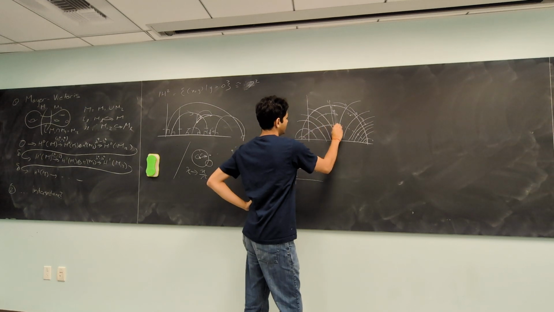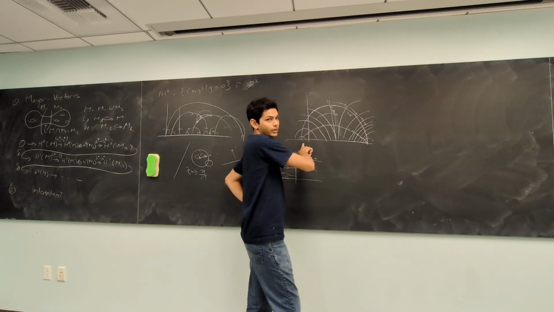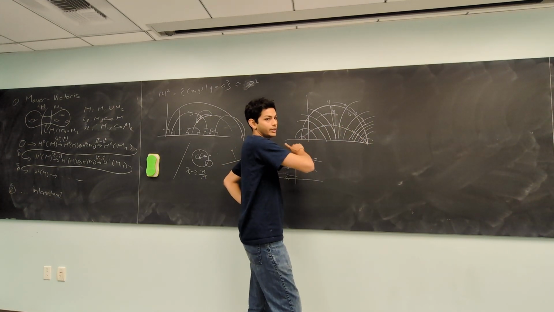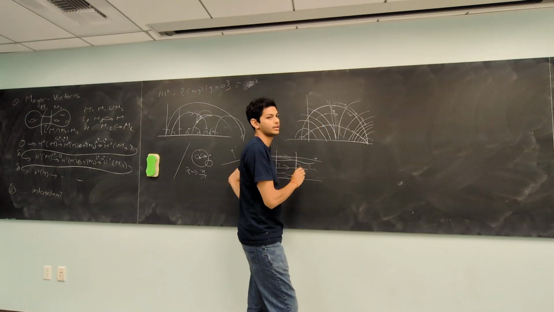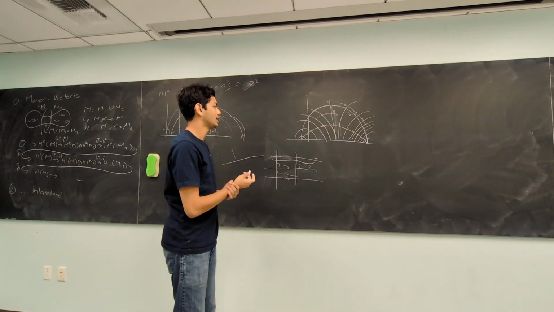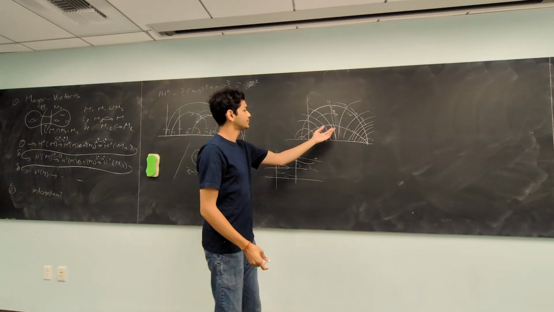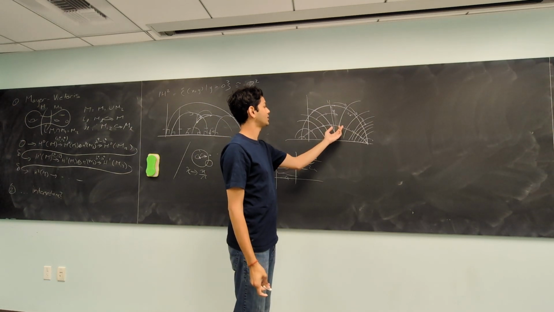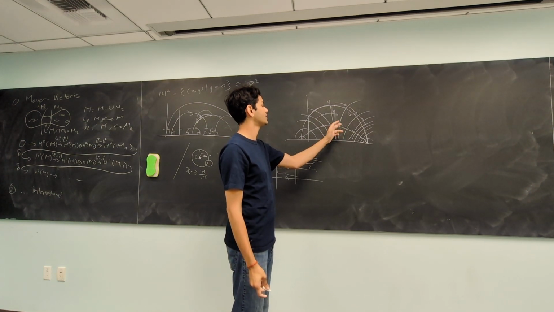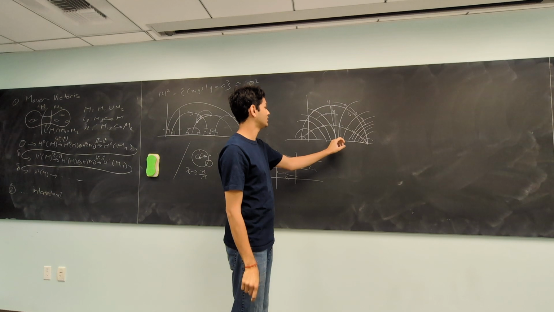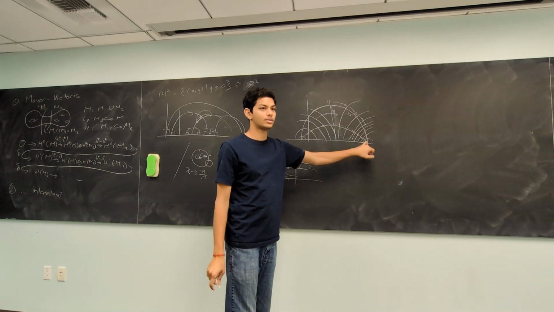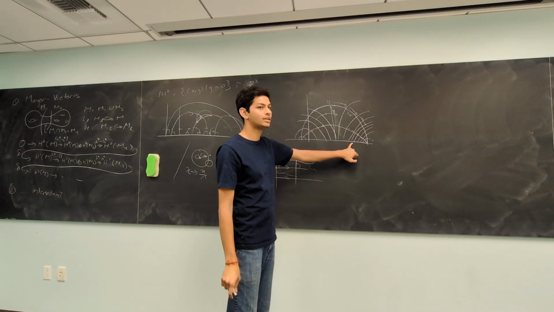Sure, so maybe it's like a circle that passes through both of these endpoints, because that's what you end up with if you apply a lot of translations either way. And it has to go through this point, right? So that's your guess. And this turns out to be true because you can describe translation as two reflections, and the reflections have to fix these endpoints where the circle intersects the horizontal line.